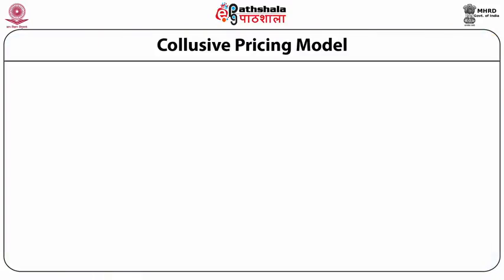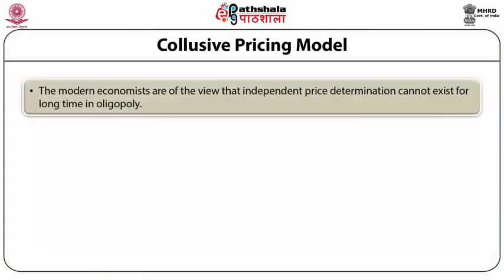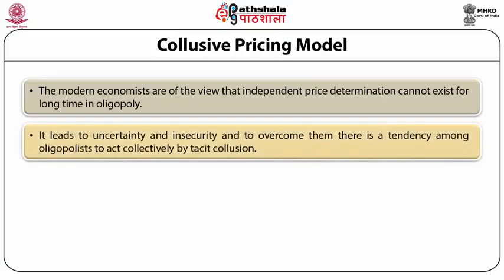Collusive pricing model. The modern economists are of the view that independent price determination cannot exist for a long time in oligopoly. It leads to uncertainty and insecurity, and to overcome them, there is a tendency among oligopolists to act collectively by tacit collusion.